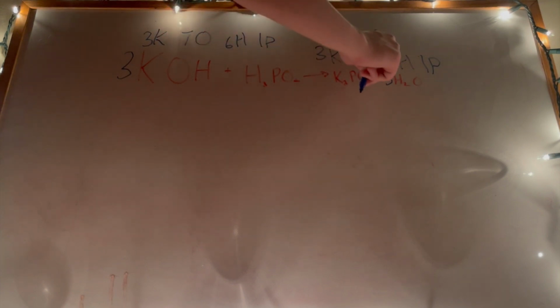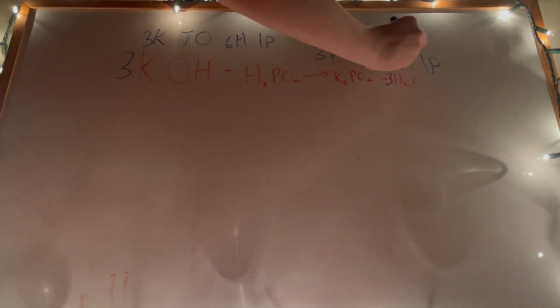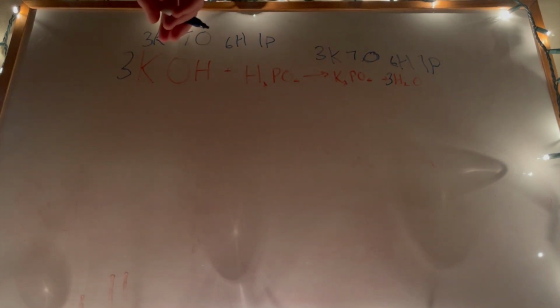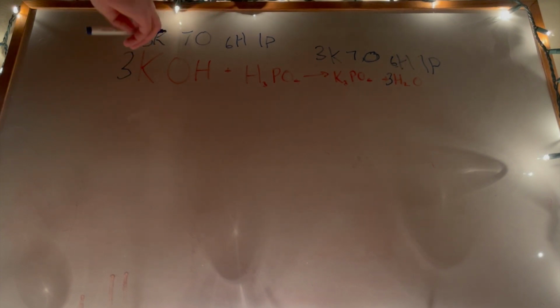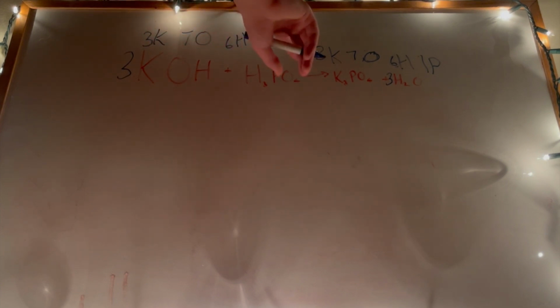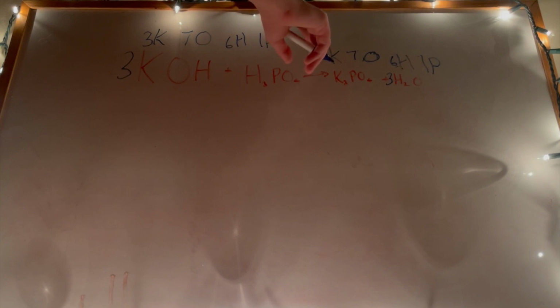That's going to change this to 6 and this to 7, so that is going to be good. As you can see, that's 3 K's on this side, 7 O's, 6 H's, and 1 P. And on the other side, it's 3 K's, 7 O's, 6 H's, and 1 P. So that means this equation is balanced.